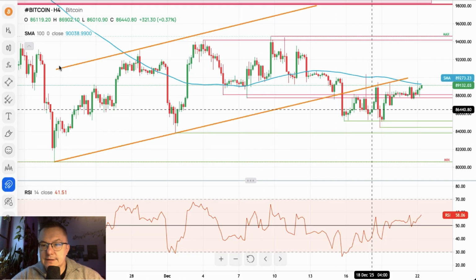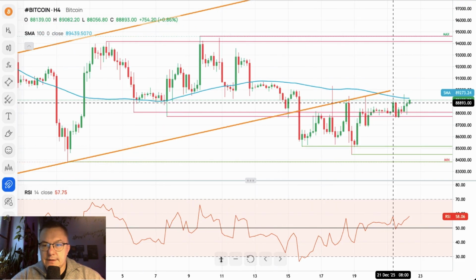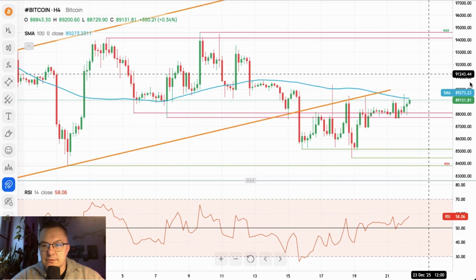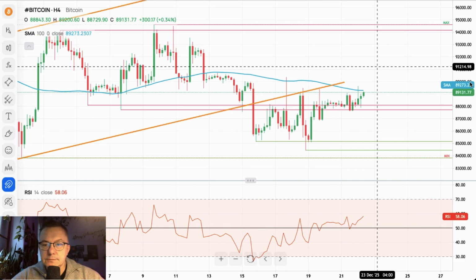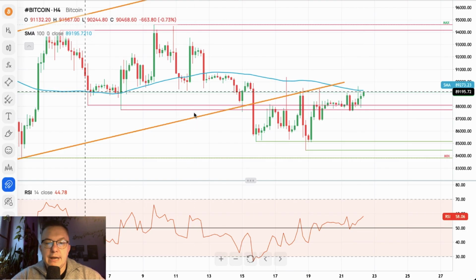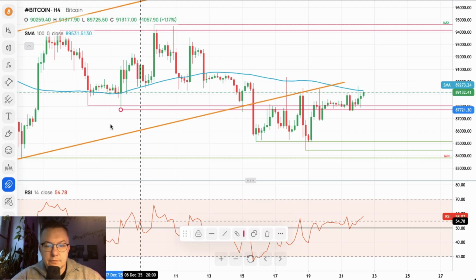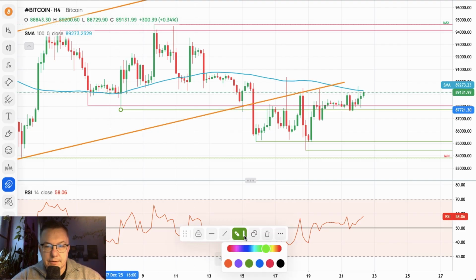And last but not least, let's take a look at Bitcoin. Bitcoin finally seeing some strength. 89,132 is the current price. The high from today is 89,626. We have seen a lot of moving up and down on Bitcoin.